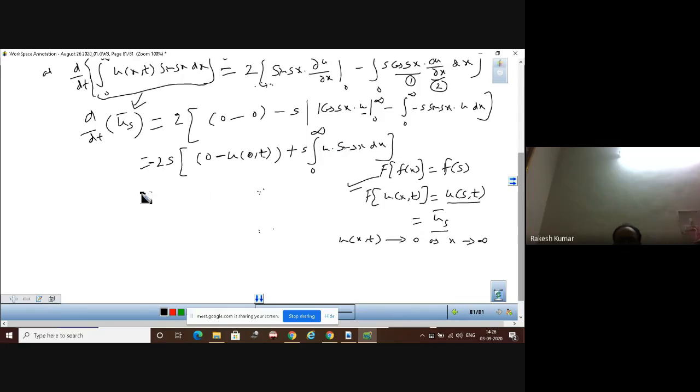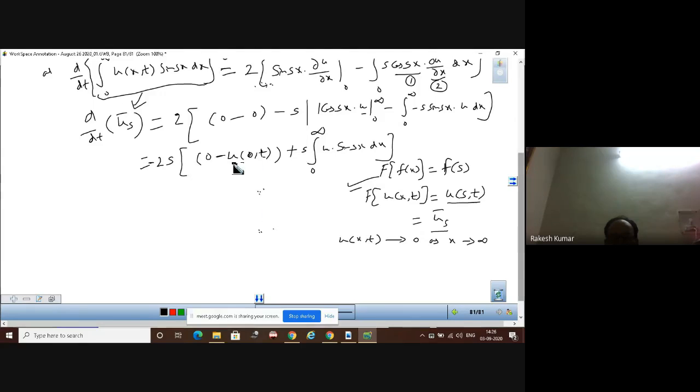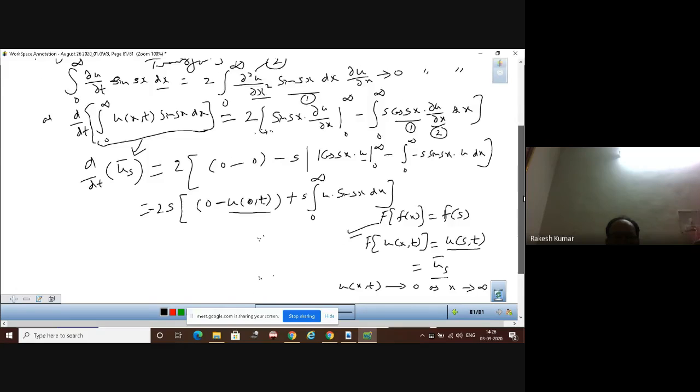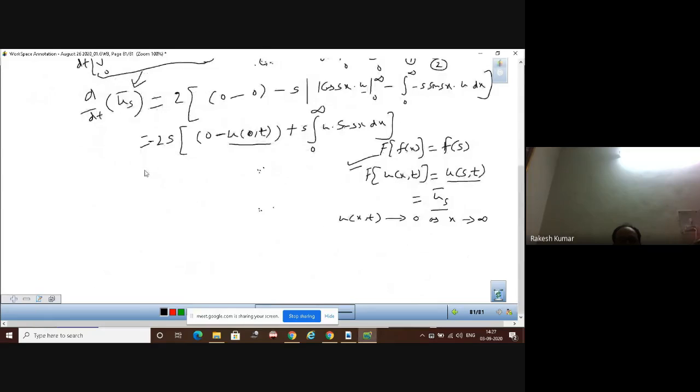This is the u function, and we know that the value of u(0,t) is also 0 if you see the above conditions. That is, u of (0,t) is equal to 0. That is the first condition, the only condition. So you can use this as 0, and ultimately this is s and this is s. So that will be minus 2s square.